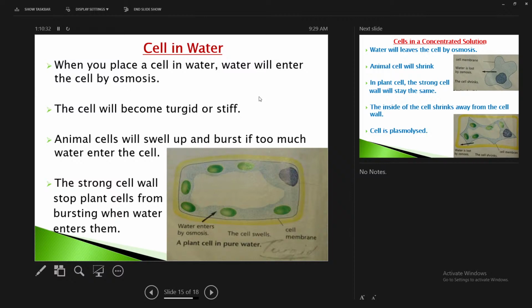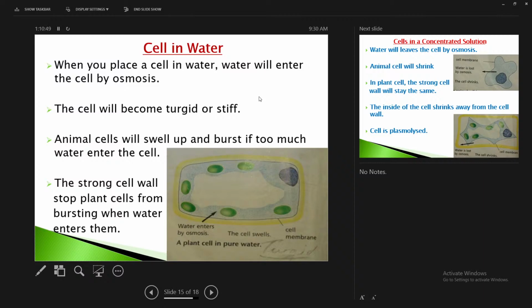And the fact that water will enter the cell means that the cell is going to expand in size. Since the cell is going to expand, something needs to control the amount of water.